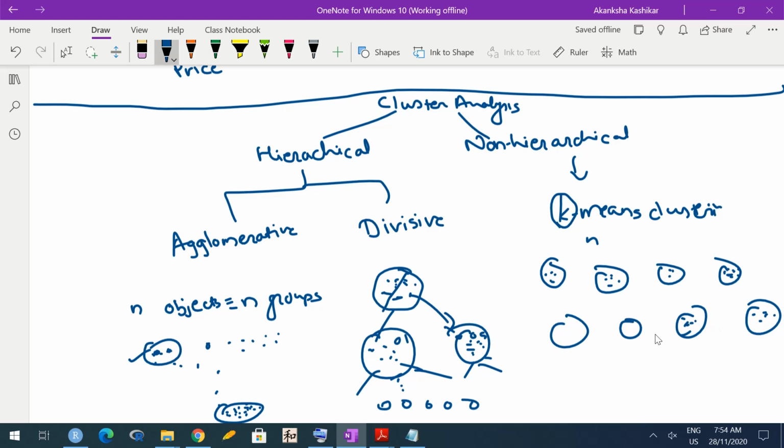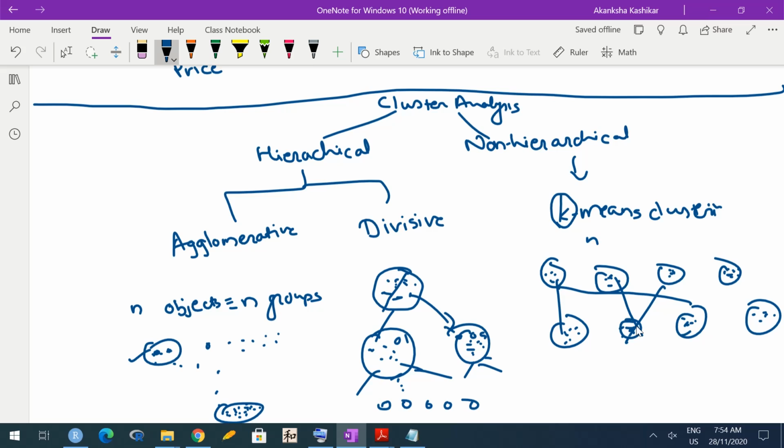But because you are completely reshuffling and getting exactly the same number of groups, the relationships are completely destroyed. What do I mean by that? Things which are together in this step might go into two different groups. On the other hand, things which were in two different groups here might end up in one group here. So the shuffling tells me that no association is permanent. Some objects are together, some are away from each other. In the next step, this might change. So in that sense, this is non-hierarchical. Whatever happens in the earlier stage is not directly preserved.